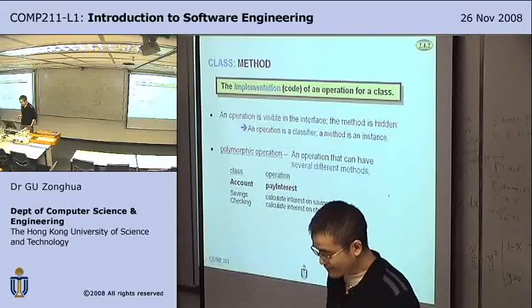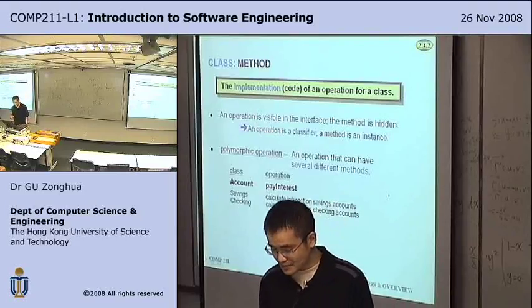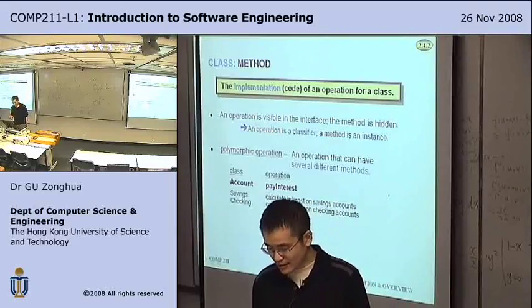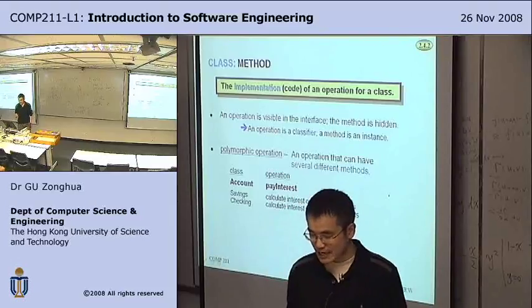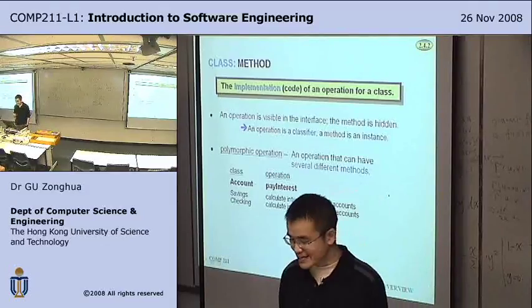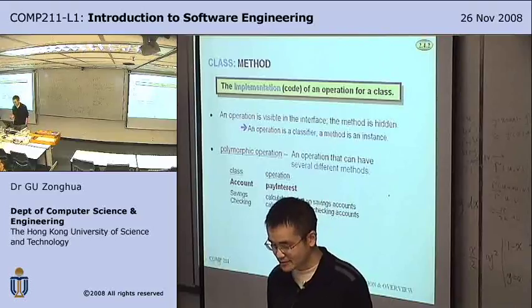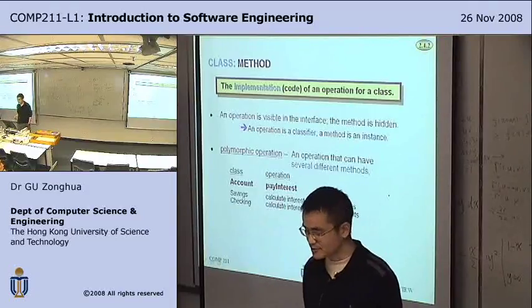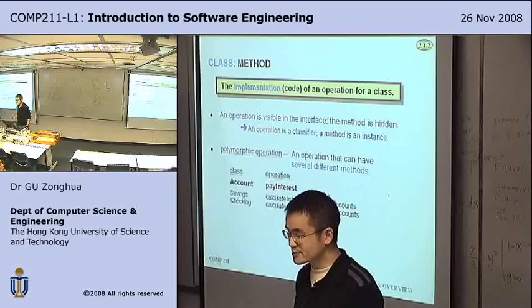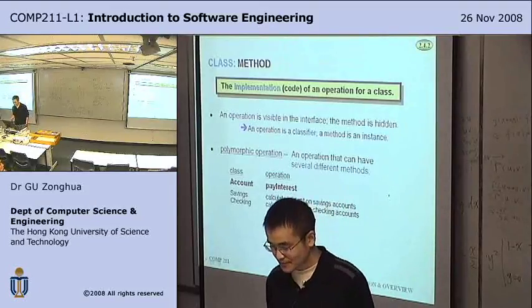Then in the savings account, you may have an operation with the same name, pay interest, but with a different method implementation from that in the checking account. They have different formulas at different interest rates, right?